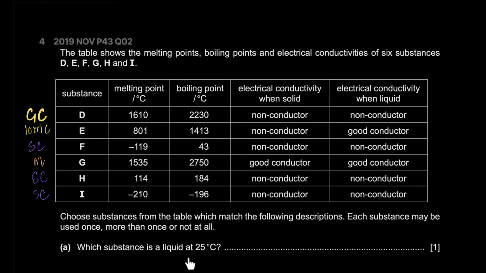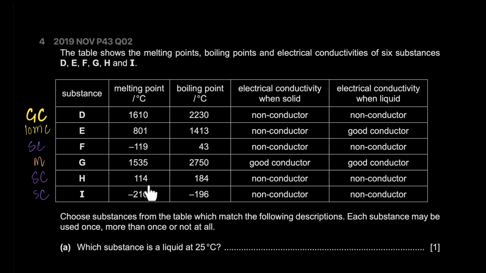Okay, which of the substances is a liquid at room temperature? To be a liquid, the boiling point has to be higher than 25 and the melting point has to be lower than 25. That should make sense. For I, the boiling point is negative 196, so at room temperature it's going to be a gas. Over here, the melting point is 114, meaning that to melt it you have to raise the temperature to 114.